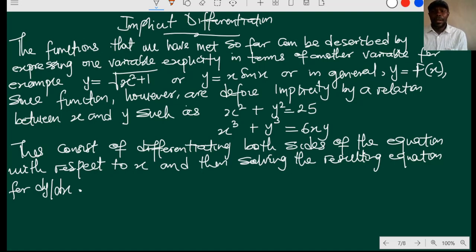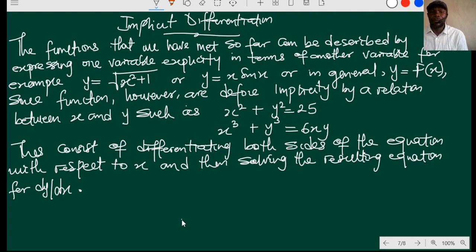We are talking about implicit differentiation today. The functions that we have so far can be described by expressing one variable in terms of another variable.